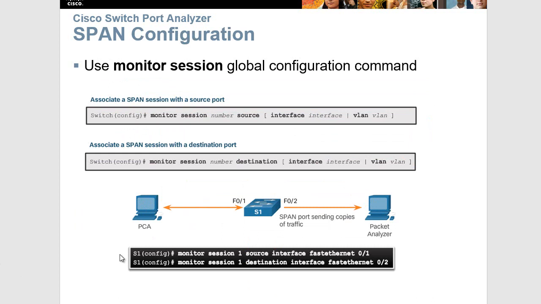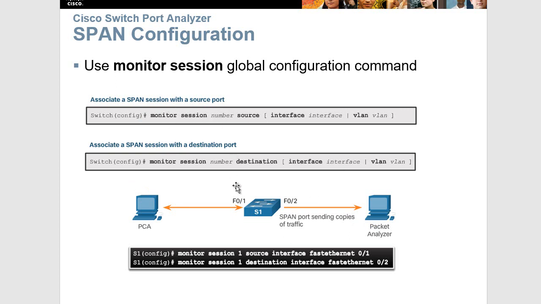So our goal here is to monitor the traffic between F0/1 and this PC A, and have that sent to our packet analyzer over here. We're just going to set up one source port in this situation, and set up a destination port. So we have monitor session, some number, whatever session number you want this to be associated with.